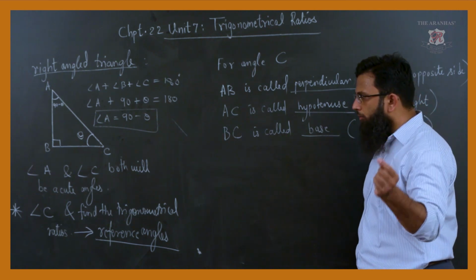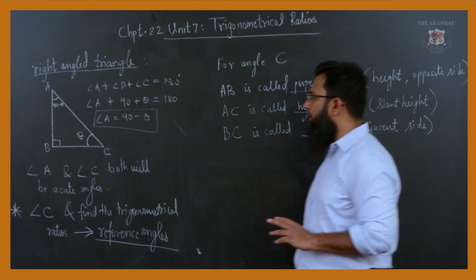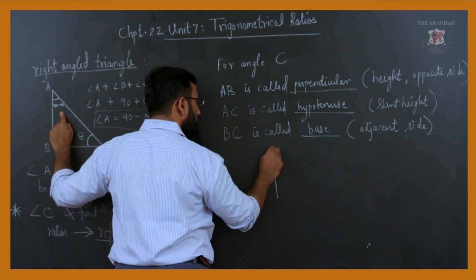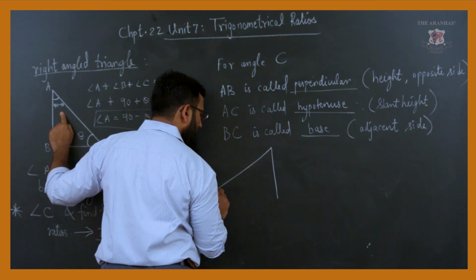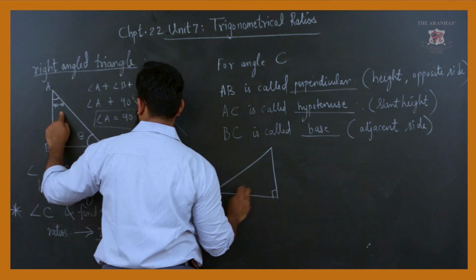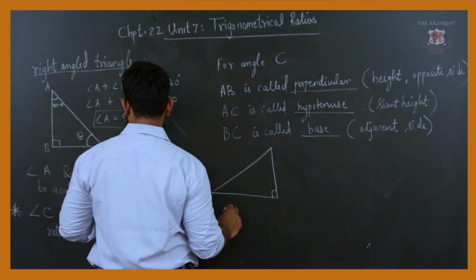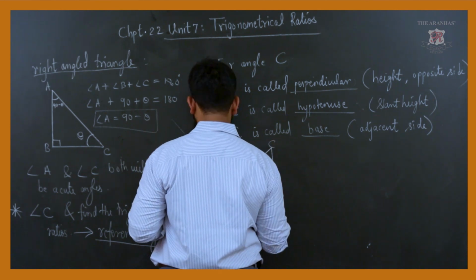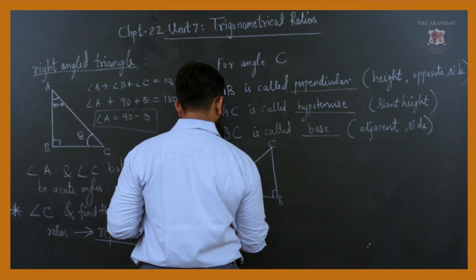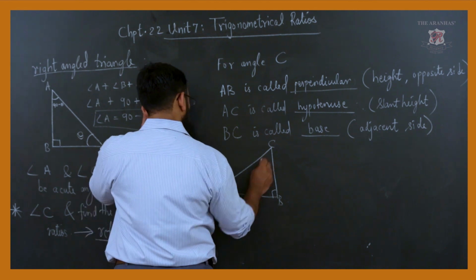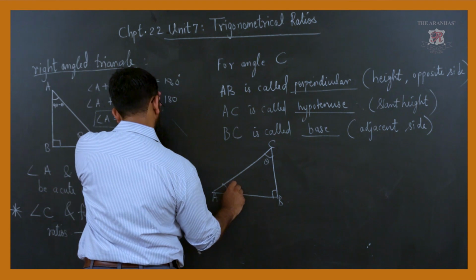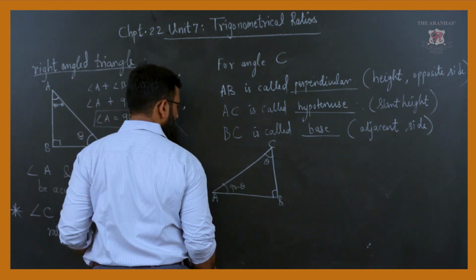Now, one more thing in addition I would like to add over here. If I take angle A, I tilt the triangle slightly and see what happens. If this is now C and this is B and this is A, so this was our theta. Now this has become 90 minus theta.